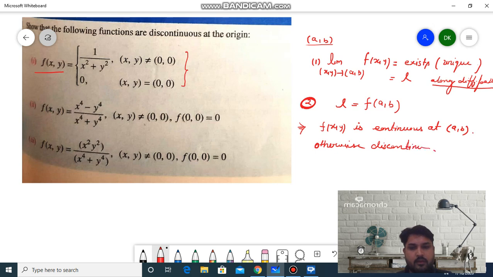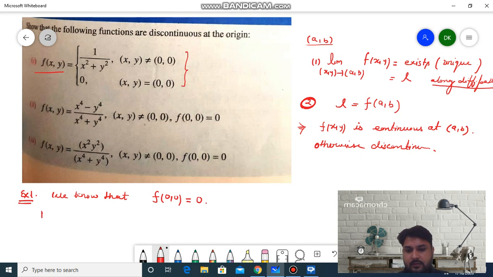So let us take the first example first. In the first example, we know that the value of the function at (0,0) is equal to 0.